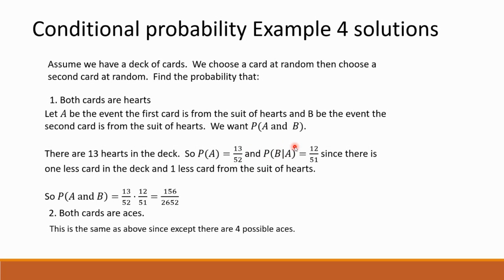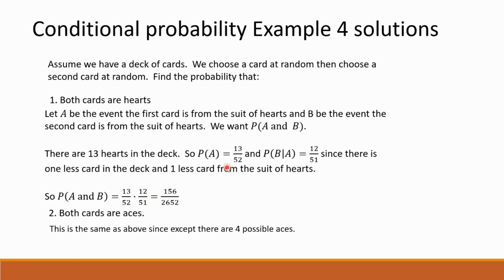Okay, good. So altogether then, the probability of A and B occurring would be 13 out of 52 times 12 out of 51, right?